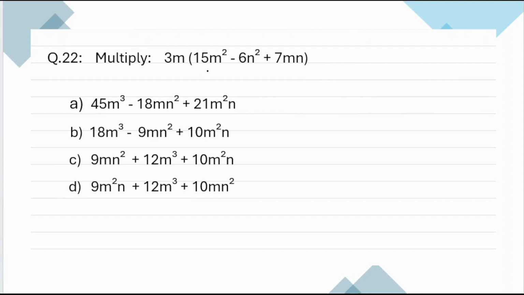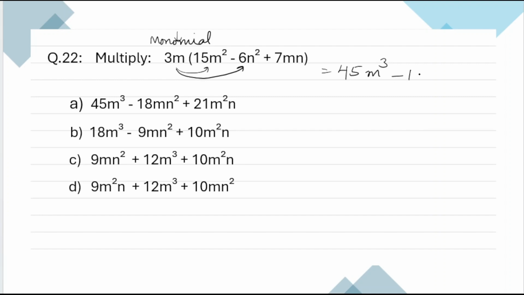Multiply 3m with 15m square minus 6n square plus 7mn. Again, 3m, this monomial term will be multiplied with all the terms inside the bracket. So 3m times 15m square will give me 45m cube. Then 3m will be multiplied by negative 6n square.